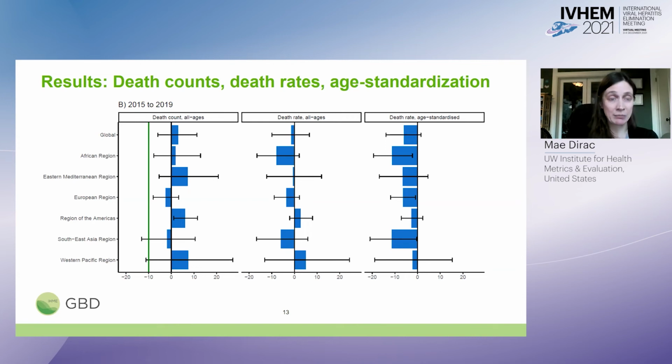And again, not a whole lot of progress if we look at things in terms of death counts, where we're fighting against population growth. Here we see a vertical green line at the 10% mark, which would demonstrate achieving the 2020 interim target, which no region meets.